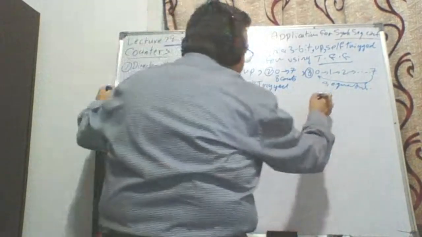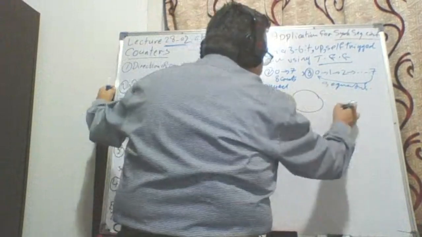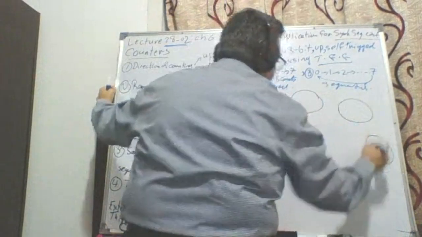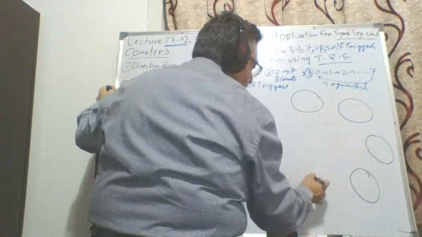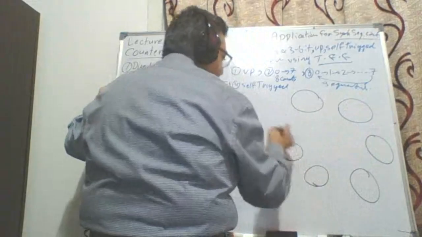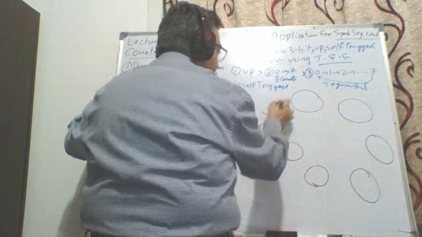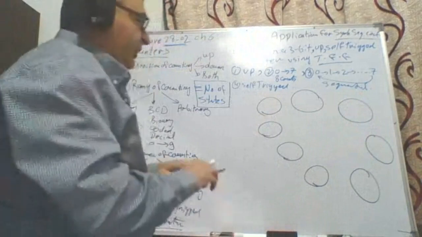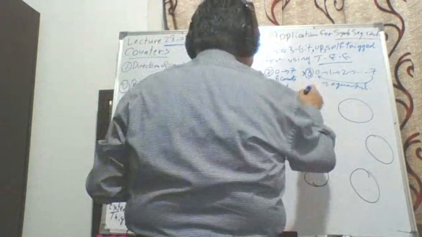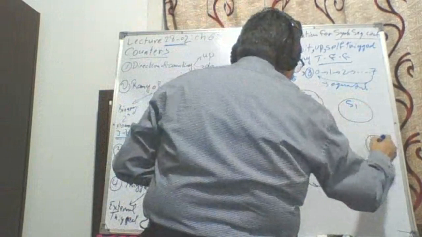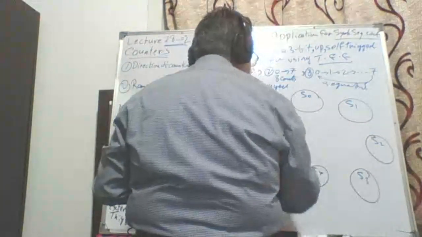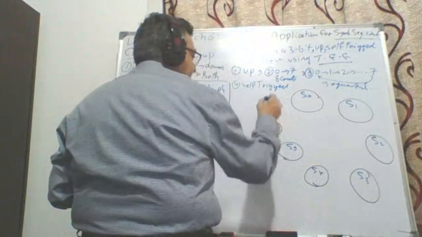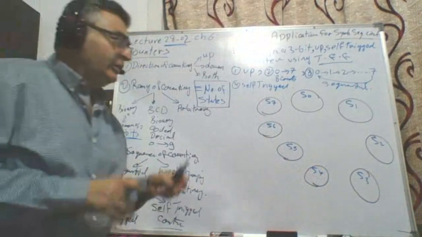My state diagram here has 8 circles: 1, 2, 3, 4, 5, 6, 7, 8. So I have S0, S1, S2, S3, S4, S5, S6, and S7. 8 counts, 8 states.